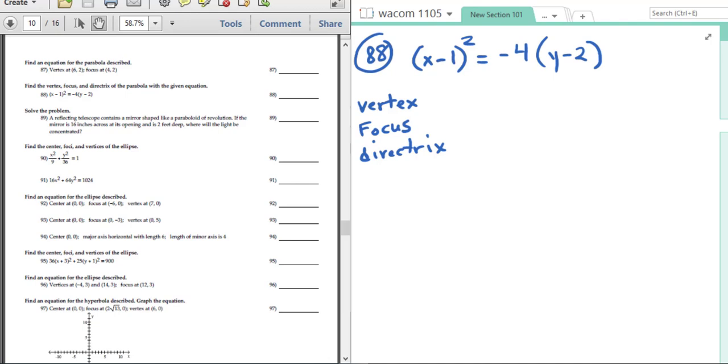All right, let's look at problem 88 from your review. So this time we are given an equation and they want us to answer pieces about it. We need to know, is this vertical or horizontal? And the x is squared, so it is going to be vertical.